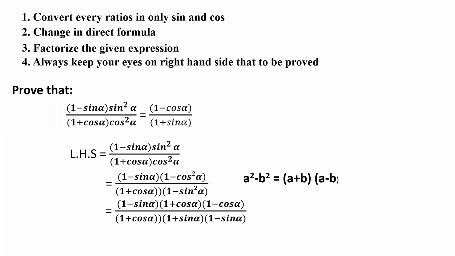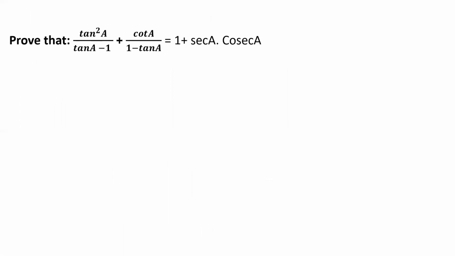And 1 minus sine square alpha is 1 plus sine alpha and 1 minus sine alpha. I'm simply using the a square minus b square form here. Now we can cancel 1 minus sine alpha and 1 minus sine alpha. Then 1 plus cos alpha and 1 plus cos alpha cancel, right? Then what remains here is 1 minus cos alpha upon 1 plus sine alpha, which is the right hand side, and it's proved.